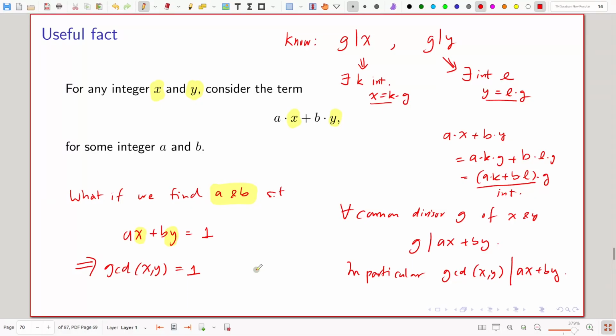If you can find a and b such that ax plus by is 1, you know that the GCD is 1. On the other hand, if you know that the GCD is 1, we can find a and b such that they satisfy this equation, okay? So this is what we will try to do. And this a and b is the same a and b as the one in your table.